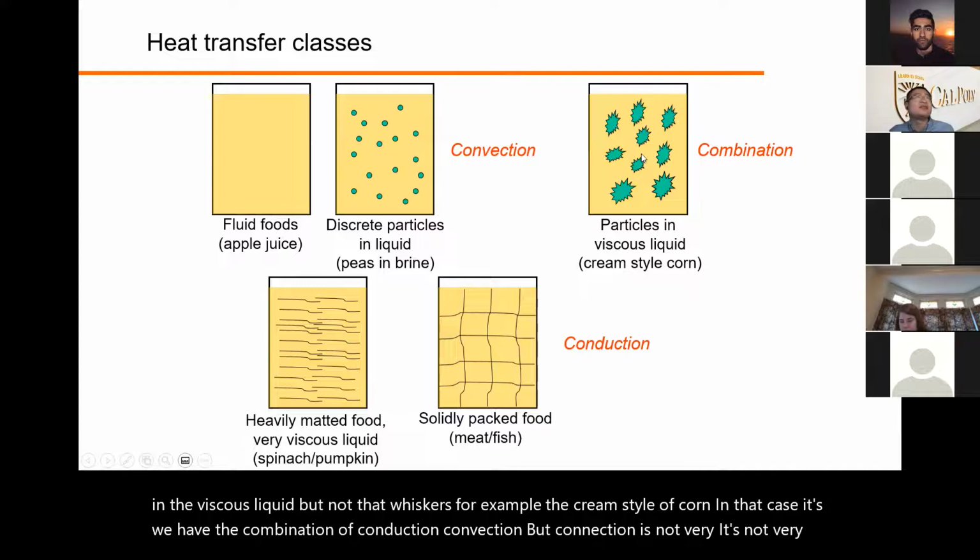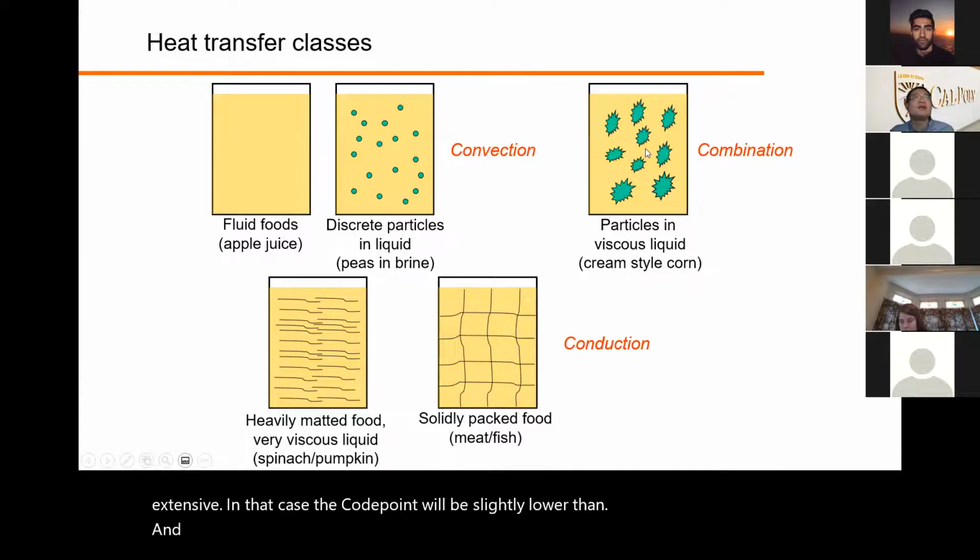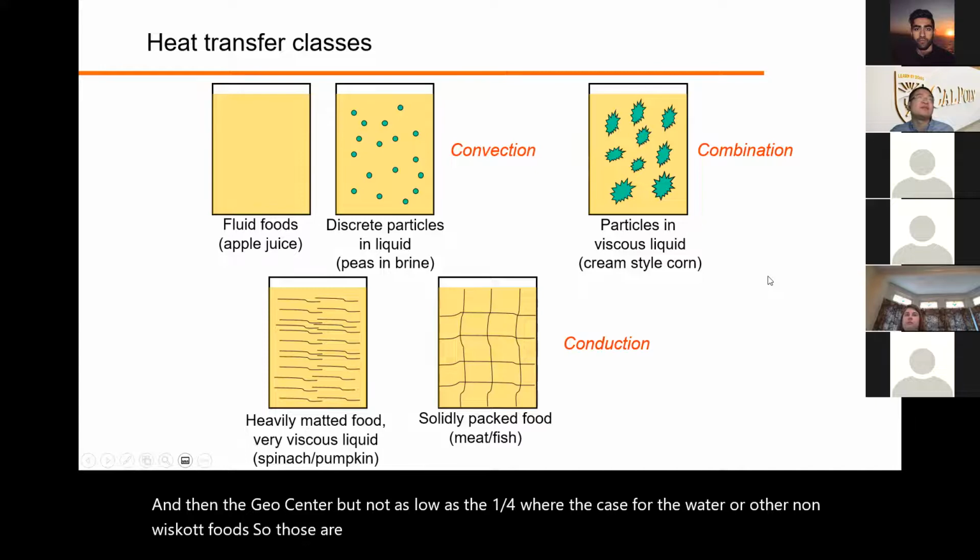In that case, the cold point will be slightly lower than the geometric center, but not as low as the 1/4, which is the case for water or other non-viscous foods. So those are the three scenarios that we have depending on the type of foods.